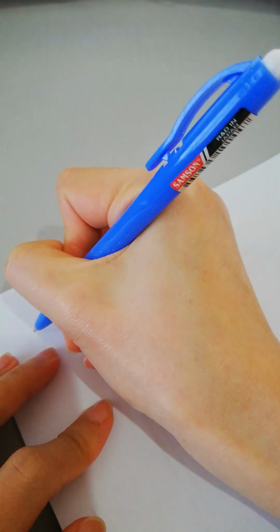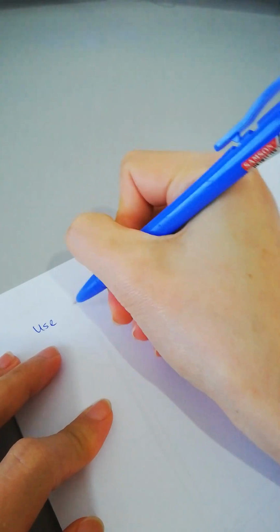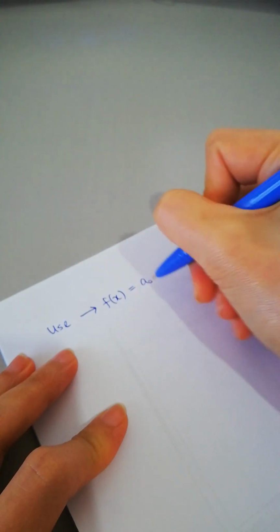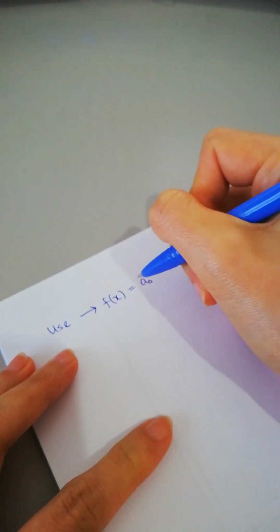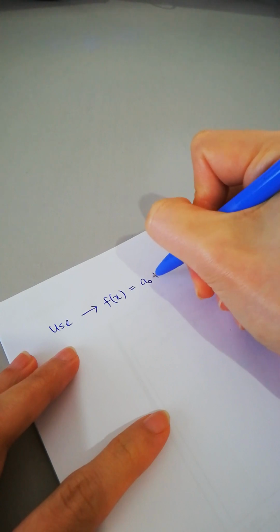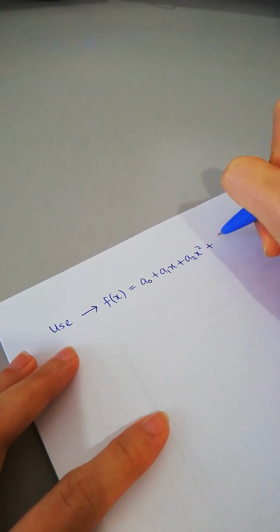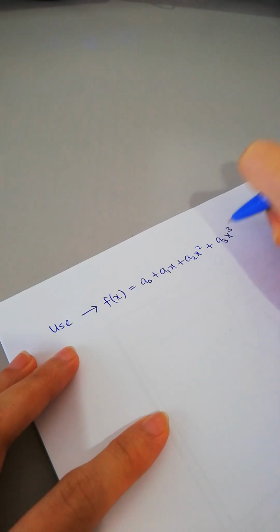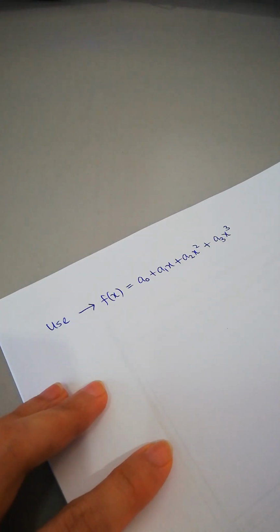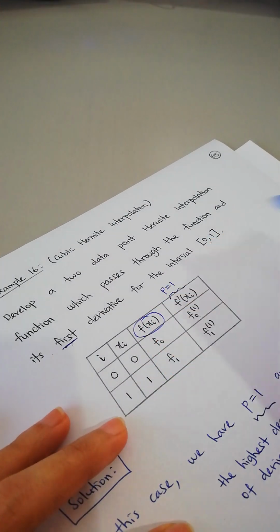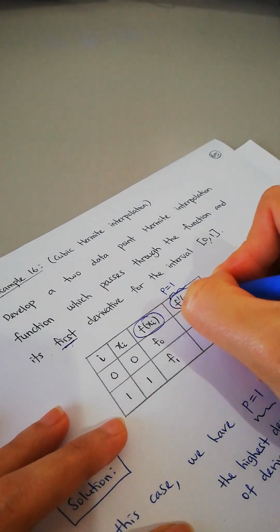Okay, so then what information do we have to use? We need to use 2 pieces of information. One is we need fx, the third degree fx, so we have a0 plus a1x plus a2x squared plus a3x cubed. And you need another piece of information: we have f of xi, and then we also have f prime of xi.